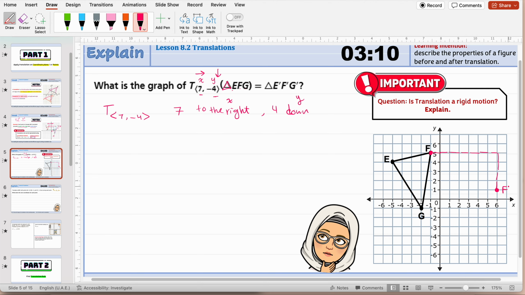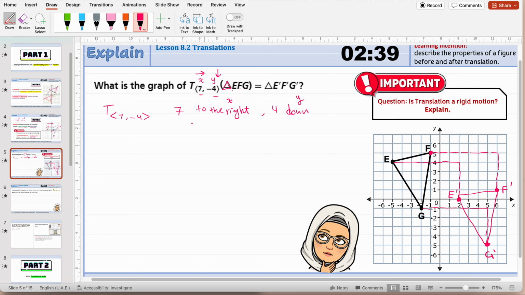This is F prime. Same for E. 1 2 3 4 5 6 7, then 1 2 3 4. This is E prime. Then G. 1 2 3 4 5 6 7, 1 2 3 4. This is G prime, and then connect. Simple. Can you see? You can do translation like this, which is very easy.